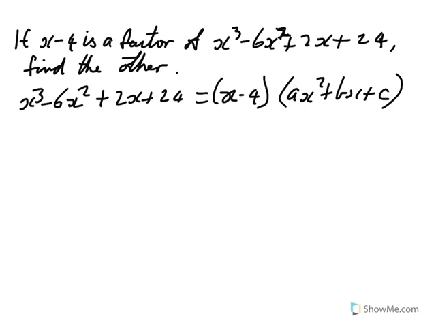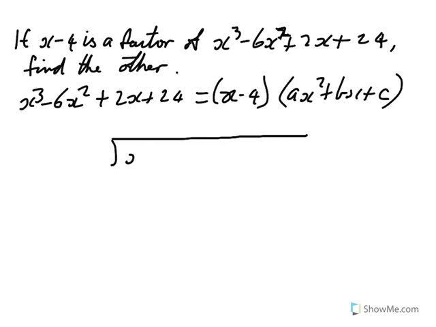It has to be ax squared because we need to get that cube term. There are a couple of different ways you can go about doing this. You can expand the right hand side and equate coefficients, or you can do everybody's favourite, division.